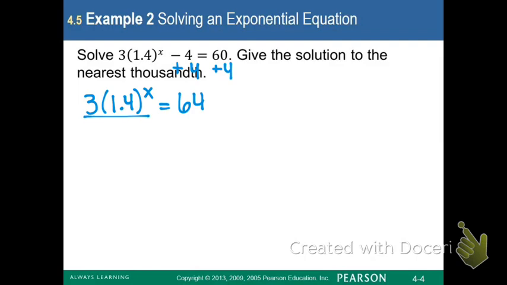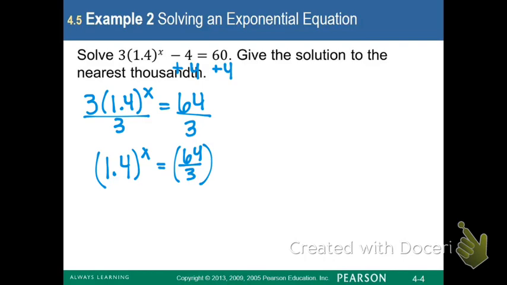Now I need to divide by 3. And I'm just going to leave this as 64 thirds here. So then now my next step to get rid of that exponential is to take the logarithm of that base, so log base 1.4 of both sides.